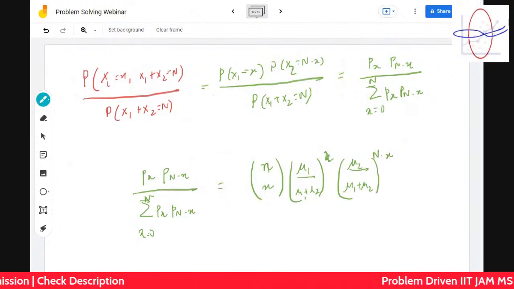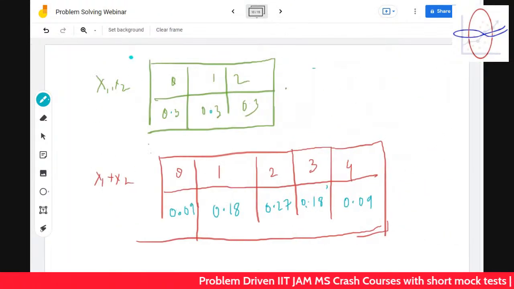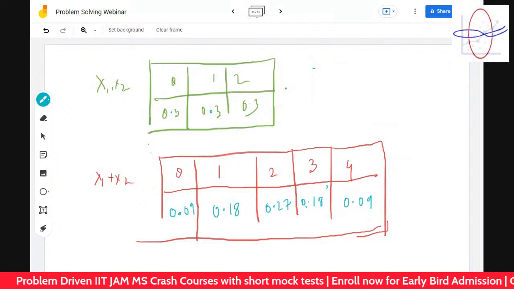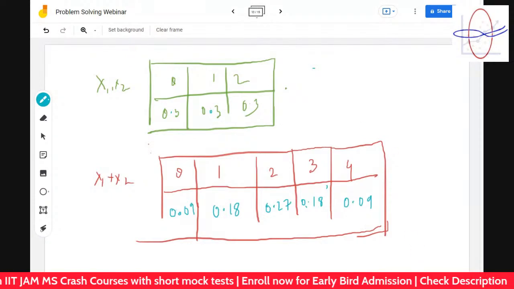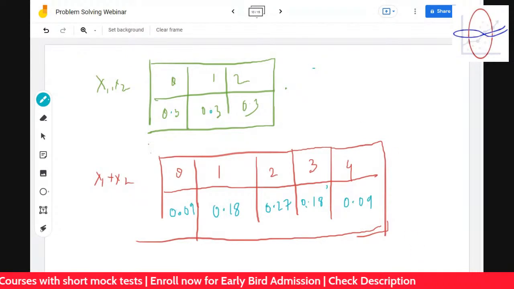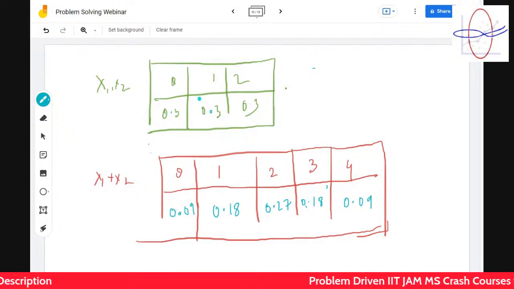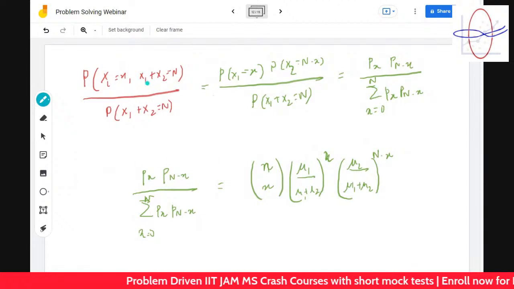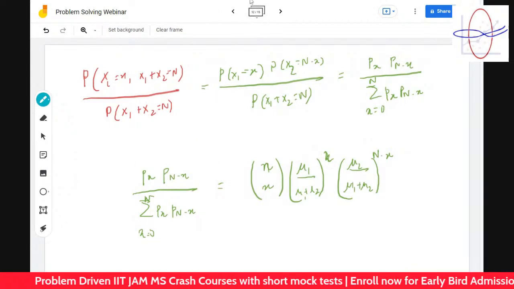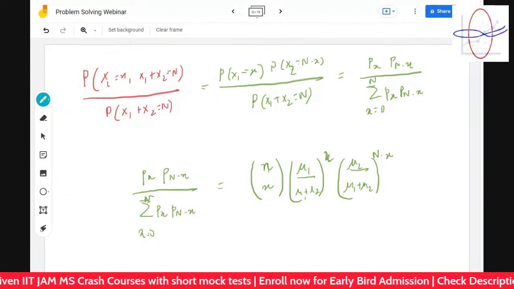What I'm trying to do is see whether this is true for all random variables, and I don't know the solution. So I'm taking a very general, easy random variable, x1, x2, with this PMF, it's uniform, and I'm trying to find the conditional probabilities to check whether this is always binomial or not.